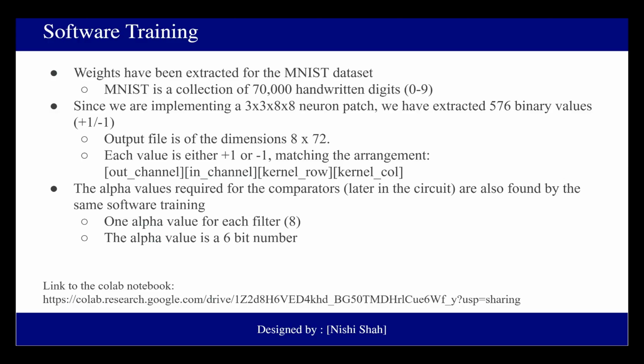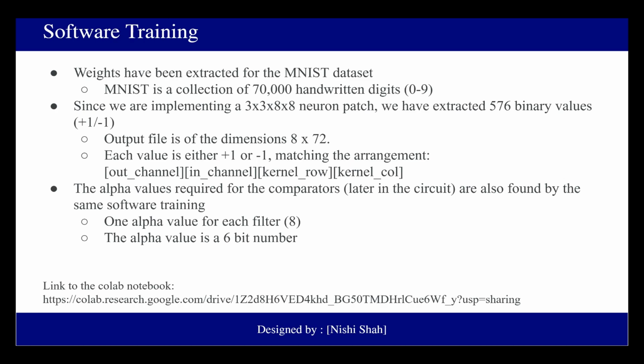Okay, so next we have the software training. For this, we took the MNIST dataset, which is a collection of 70,000 handwritten digits, and we put it through a machine learning algorithm, which gives us the weights. We got two output files. One was with just the weights. We implemented it for a 3x3x8x8 neuron patch and extracted 576 values.